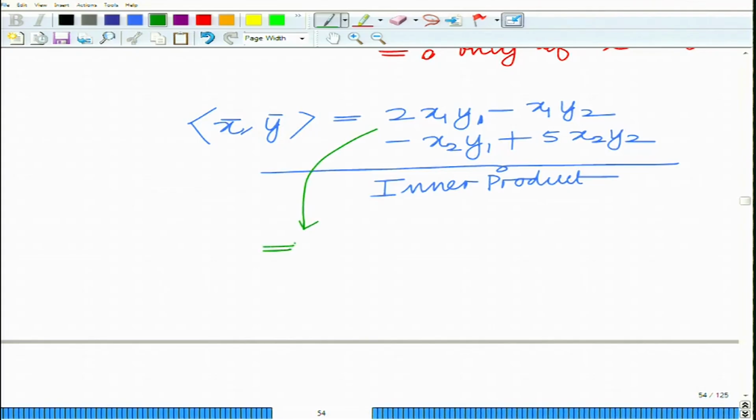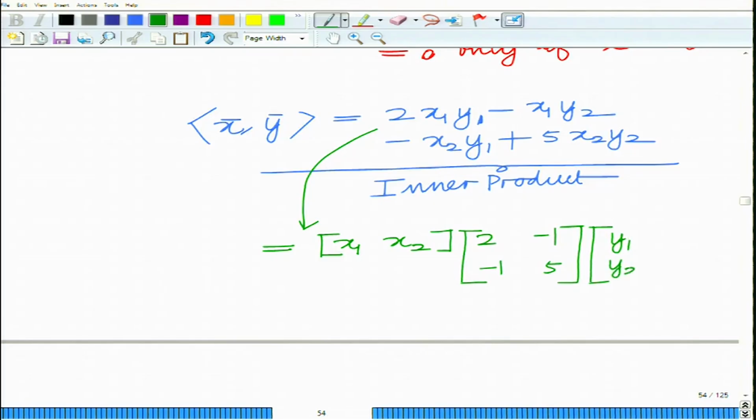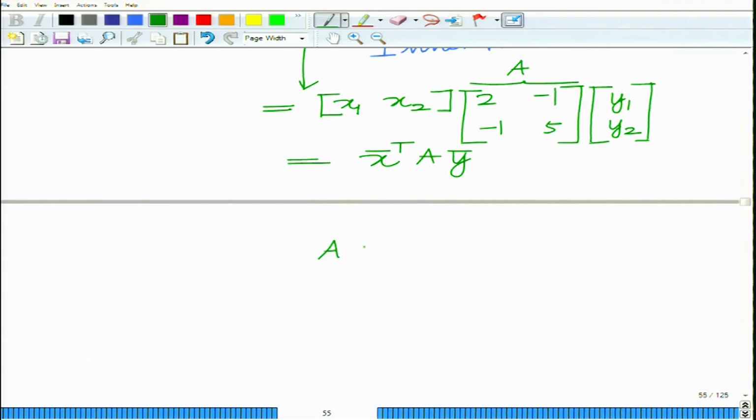I can write this as x1 x2 times the matrix with rows 2 minus 1 and minus 1 5, times y1 y2, which is nothing but x bar transpose A y bar, where A is the 2 cross 2 matrix given as 2 minus 1, minus 1 5.